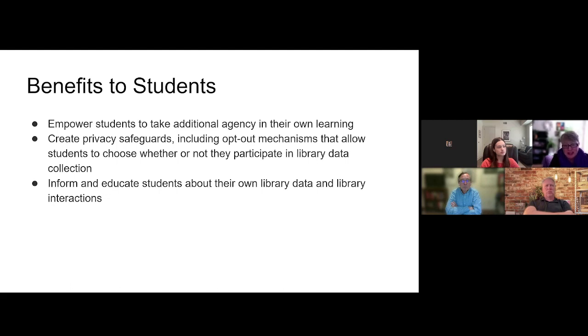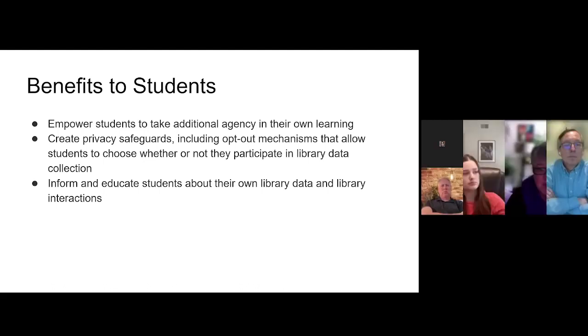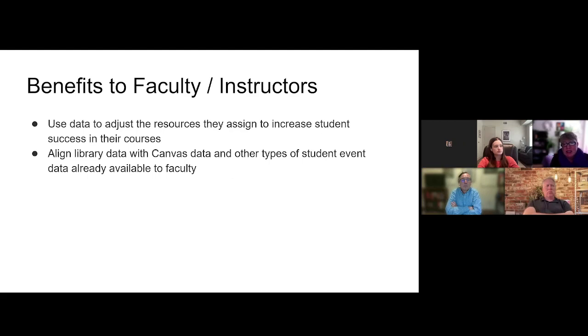And also we look at this as a way to inform and educate students about their own library data and library interactions. For the faculty, we felt that this data also provided them that opportunity to adjust their resources and hopefully increase student success for their own courses by seeing what students are using, and to align the library data with, as I mentioned earlier, the data that's already being collected within Canvas.